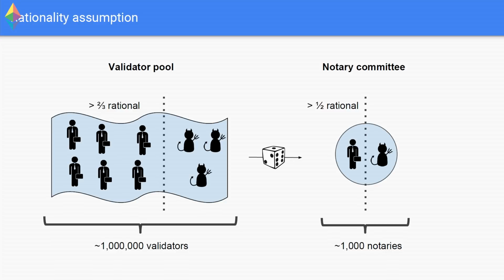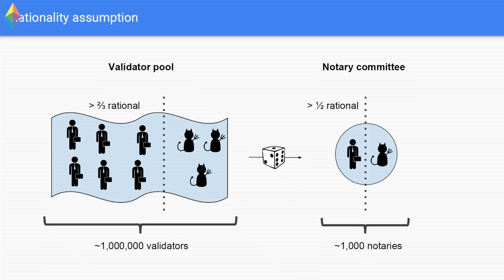And so once we do the sampling, we have 1/2 of the notaries who are rational. And the problem with rational notaries is that they have an incentive to not download the block data. Part of the reason is that there's a real cost to downloading the block data, and there's a reward to participating in a crosslink. And so this is bad.